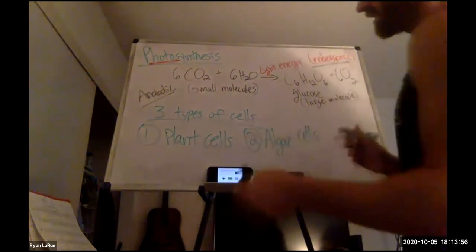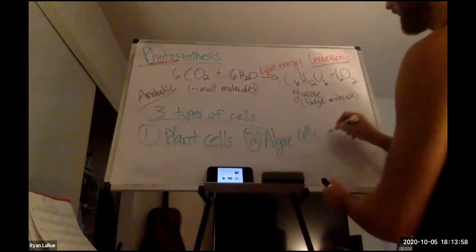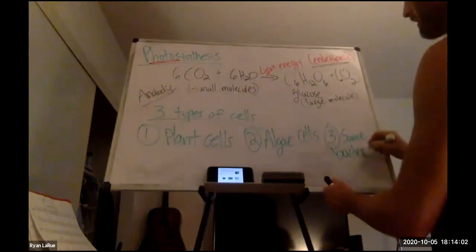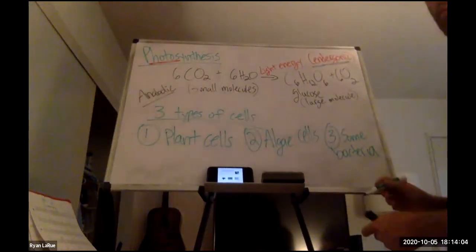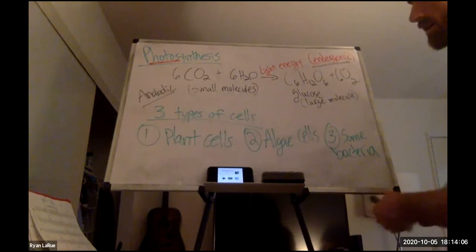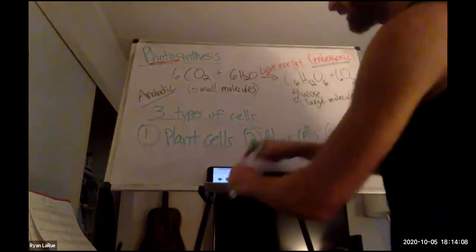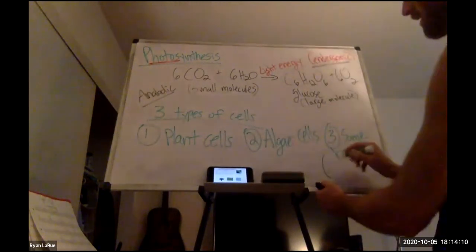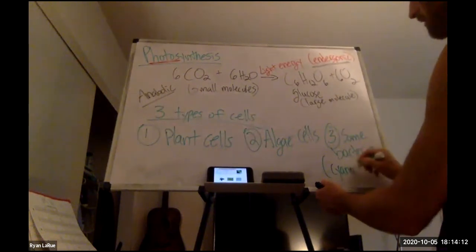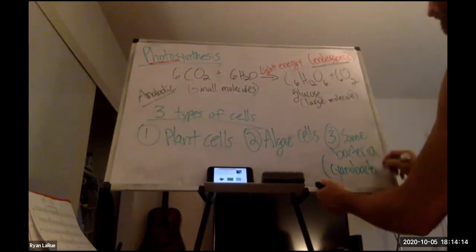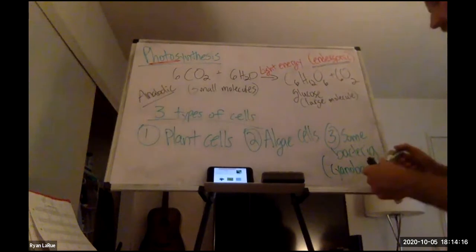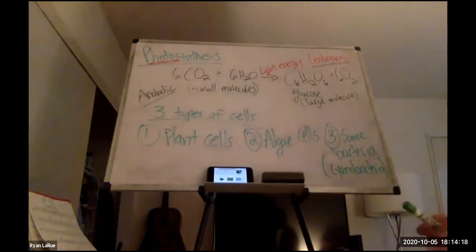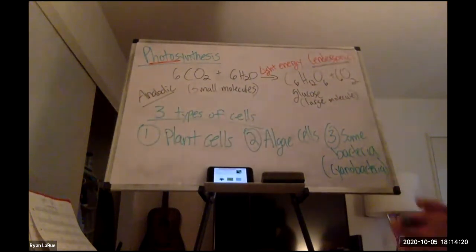And then last but not least, there are actually some bacteria, not all bacteria, of course, but some species that photosynthesize, and their name is cyanobacteria. So all the cyanobacteria species perform photosynthesis.